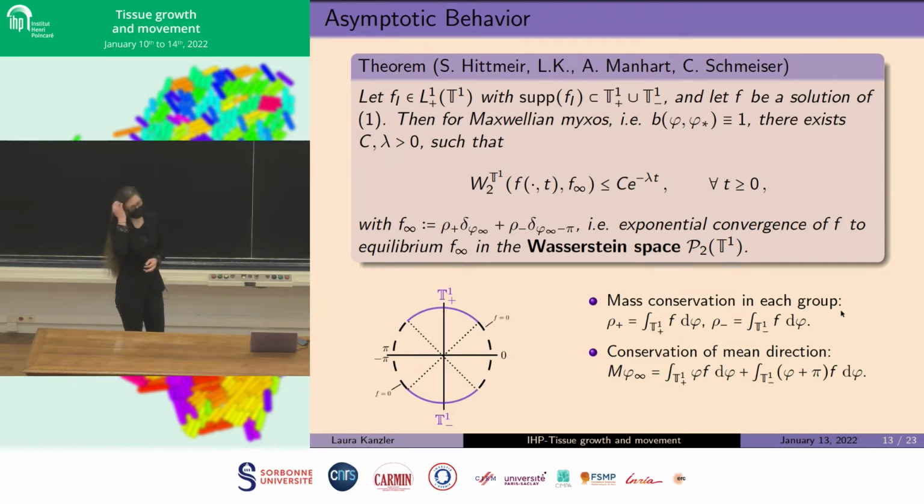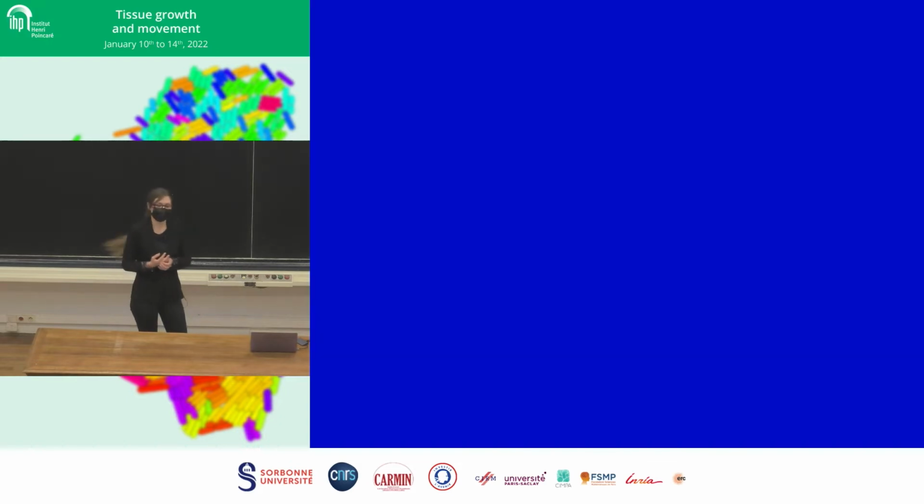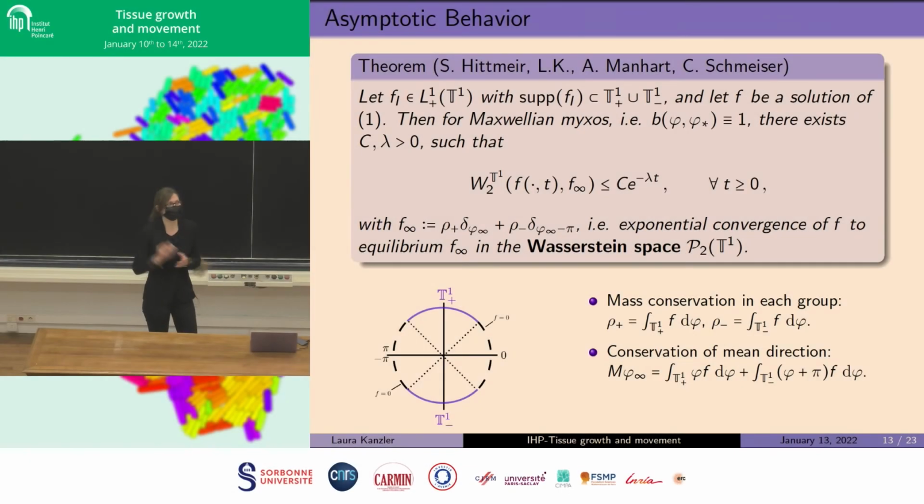Convergence to this we could prove under the following assumption: we have to assume that initially the bacteria are already grouped in two parts, one group of bacteria moving more or less upwards with an angle between pi over 4 and 3 pi over 4, and the other group moving exactly in the opposite direction with an angle between minus pi over 4 and minus 3 pi over 4.